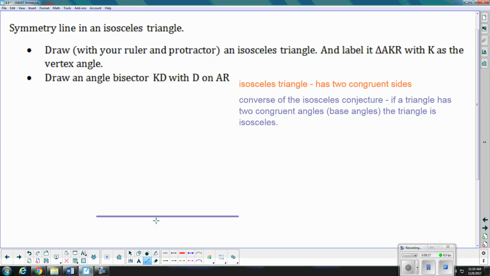They will have to be acute, because with an isosceles triangle, the base angles are always going to be acute angles because they have to be congruent. And in a triangle, the angles add up to 180 degrees. So the two angles that you construct are going to have to be less than 90 degrees, but it doesn't matter, just choose a measurement for those.